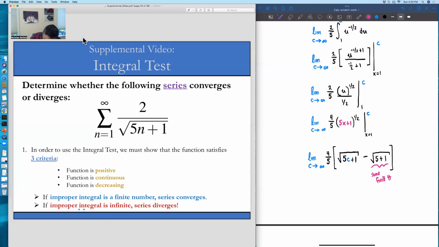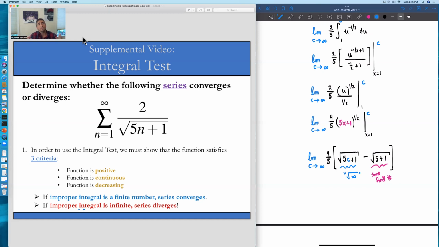And the only reason I'm pointing it out is the thing that will actually determine whether or not this integral converges or diverges is this other term, because this is the term with the limit attached to it. So if we take this limit as c goes to infinity of the square root of 5c plus 1, as c goes to infinity, what's underneath that square root is going to infinity. So what this looks like in my limit vision is the square root of infinity as c is getting very, very large.